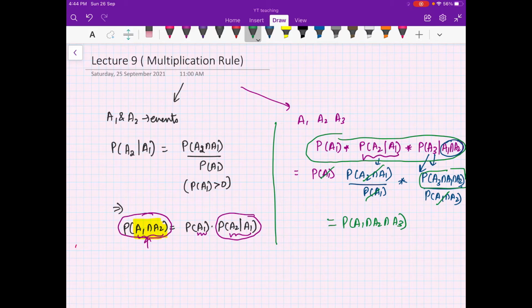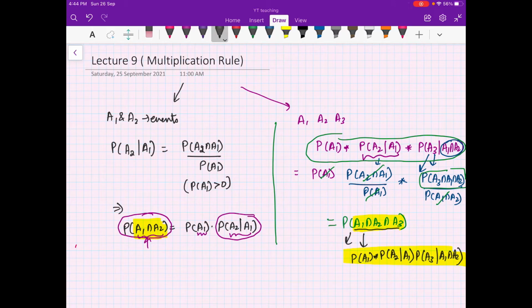So if you want to compute the probability of the intersection A1 intersection A2 intersection A3, it equals the probability of A1 times the probability of A2 given A1 times the probability of A3 given A1 intersection A2. In this way we can compute unconditional probabilities using conditional probabilities.